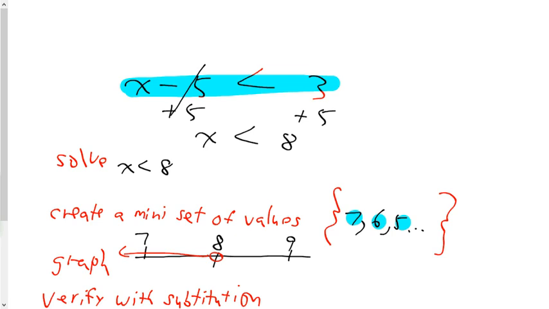So I'm going to choose just 7. So there's x minus 5 is less than 3. If I choose 7, 2 is less than 3. So I have verified my solution. When I substitute 7 for the x value, it does create a number, in this case 2, which is less than the number 3.